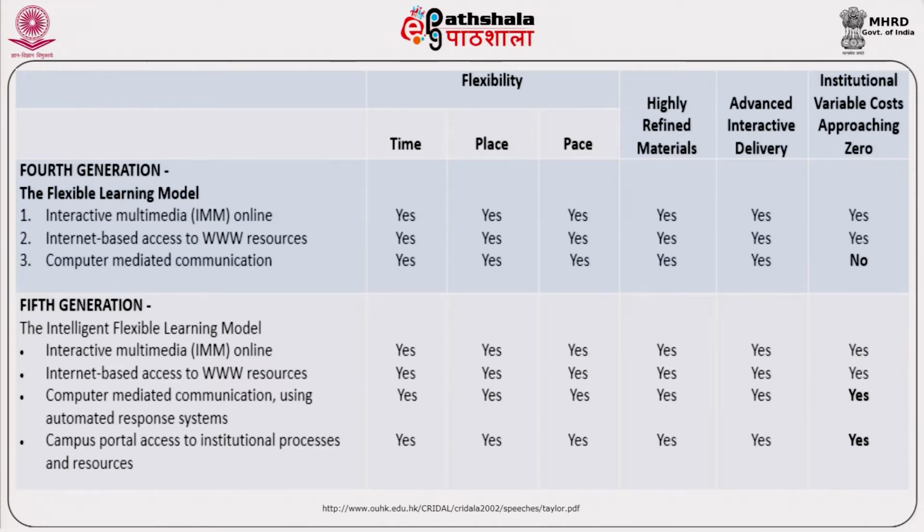Here an important aspect to be noted is the institutional variable cost is gradually approaching zero as we move towards the 5th generation. So the 5th generation is helping a lot of learners in getting educated without having to shell out a lot of money from their pocket.